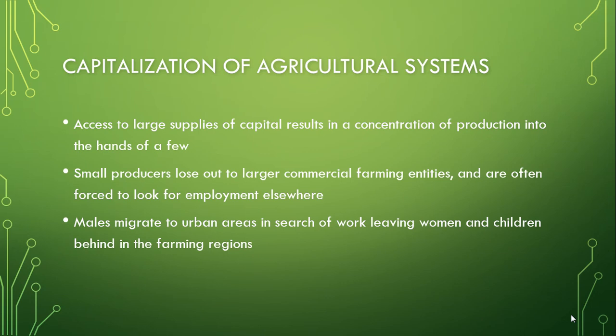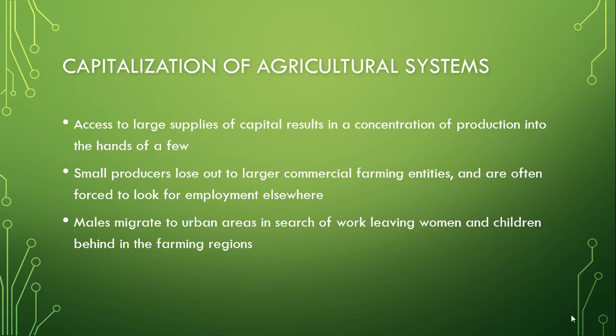But the impacts on the environment can be very detrimental, because where you have large commercial farming activities taking place, as mentioned before, this is where you would often find a concentration on mono-agricultural activities, which, as we've already pointed out, is detrimental to the overall health of our environment.